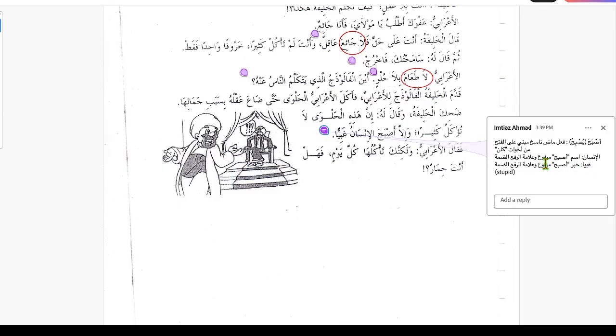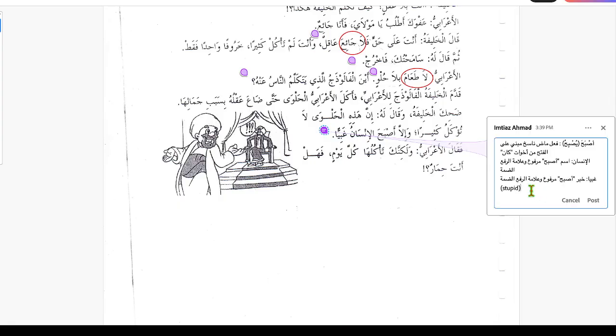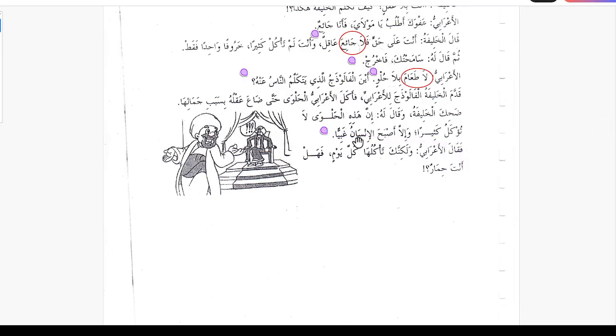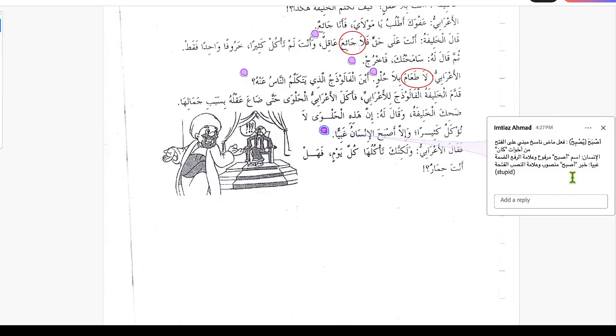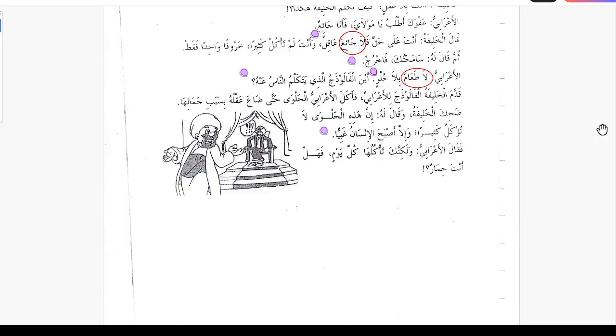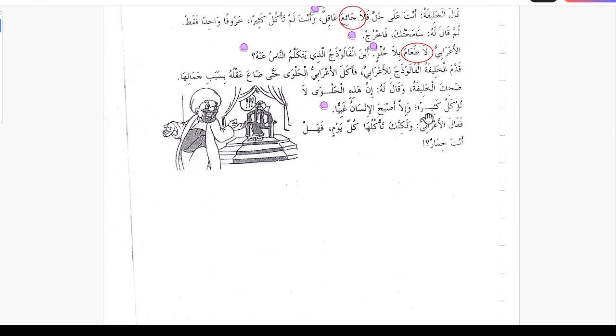So al insanu is ismu asbaha marfuun wal alamatur rafi ad-damma, and gabiyan is khabru asbaha mansubun wal alamatun nasbi al fatha, not marfu. So this should be like this: khabru asbaha mansubun wal alamatun nasbi al fatha, and ismu asbaha marfuun wal alamatur rafi ad-damma. And this verb is fi'lu madin asbaha nasikhun mabni al fathi min akhwati kana. So he was telling him that it is not eaten too much, otherwise the man becomes stupid, gabiyan.